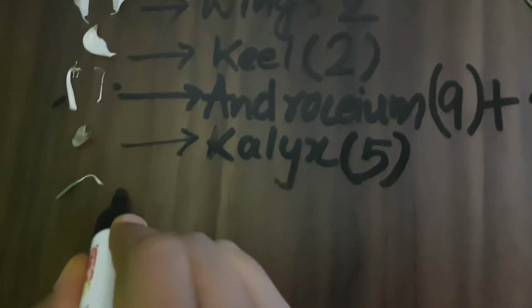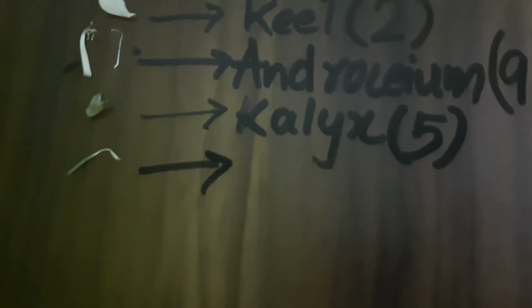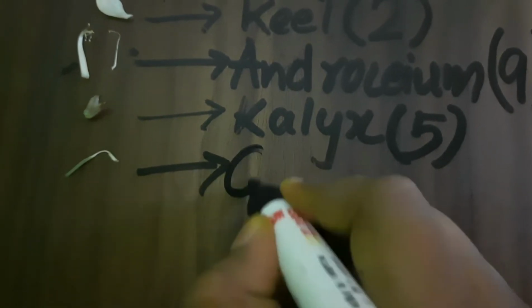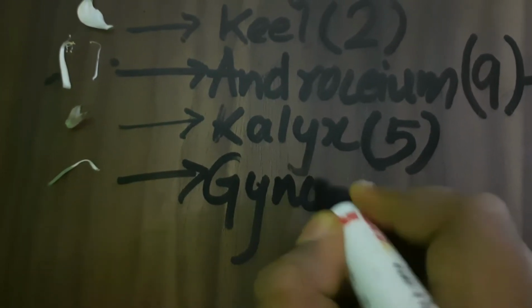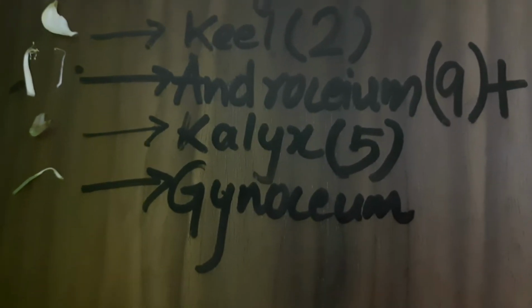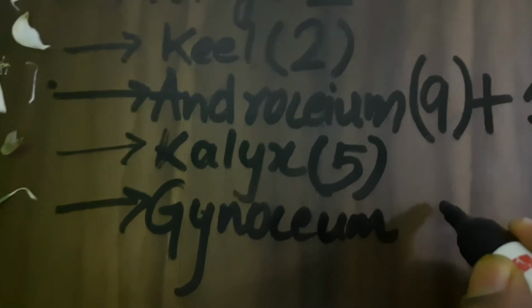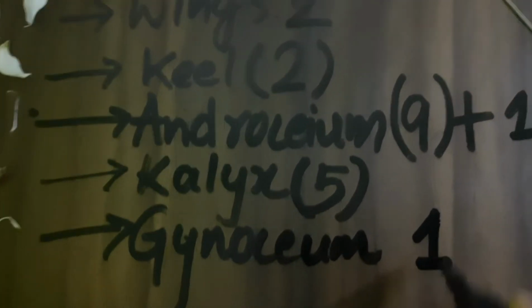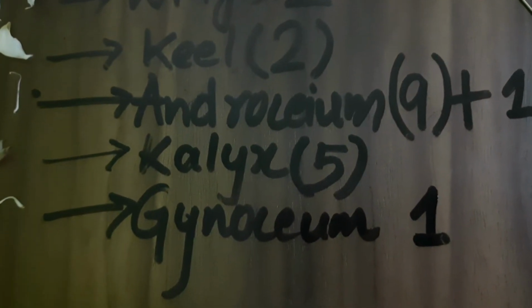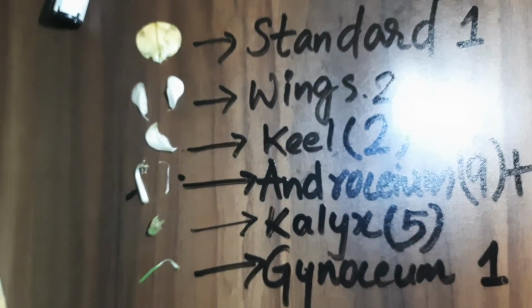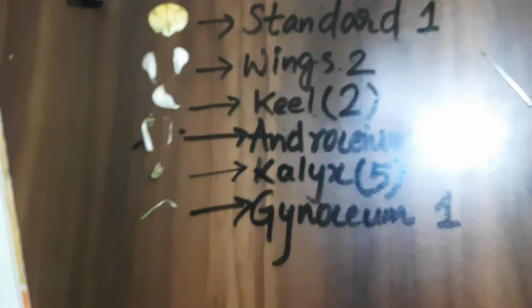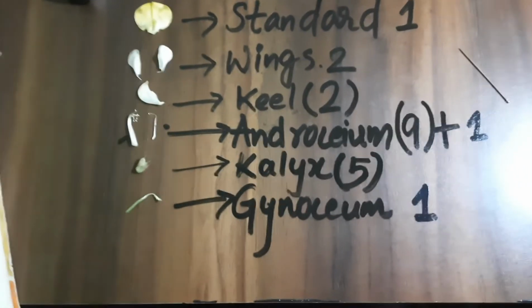This is the pistil, which is also called the gynoecium, which is 1. I think everything is clear to everybody now. We have perfectly dissected the Fabaceae flower, and let's write the formula then.